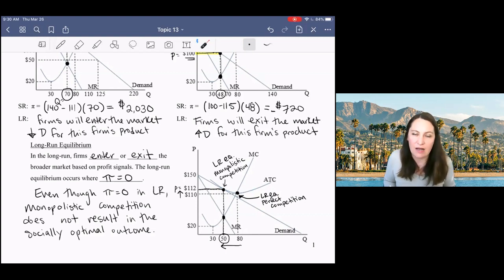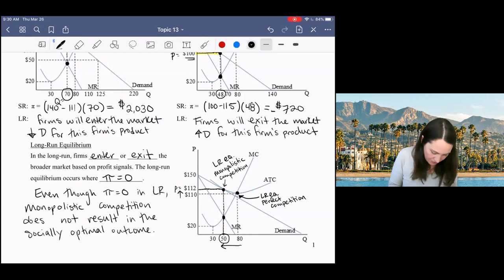But in monopolistic competition, we are producing at a higher cost, $112 per unit, and consumers are also going to have to pay more. All right, so what we can write here then is that our average total cost with monopolistic competition is greater than our minimum average total cost.